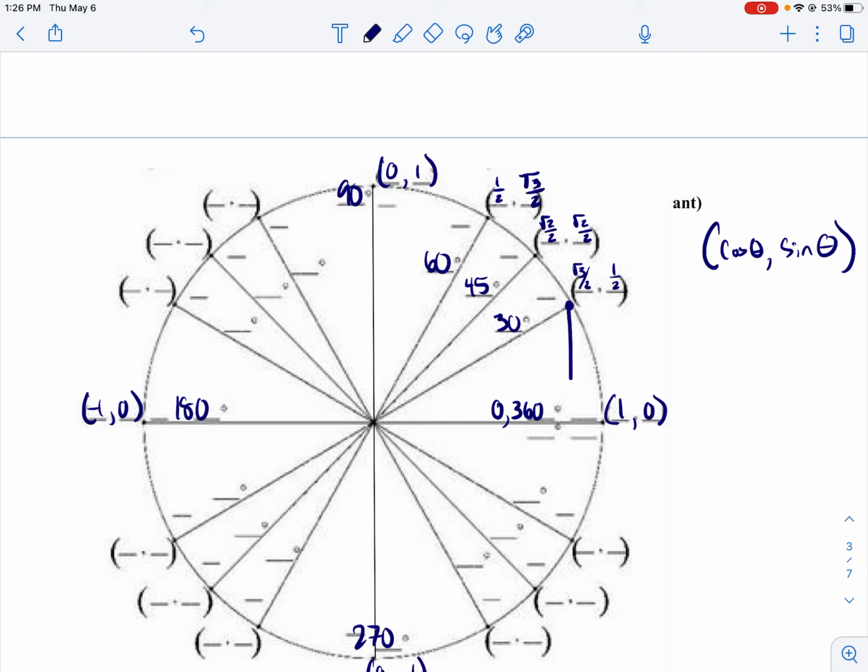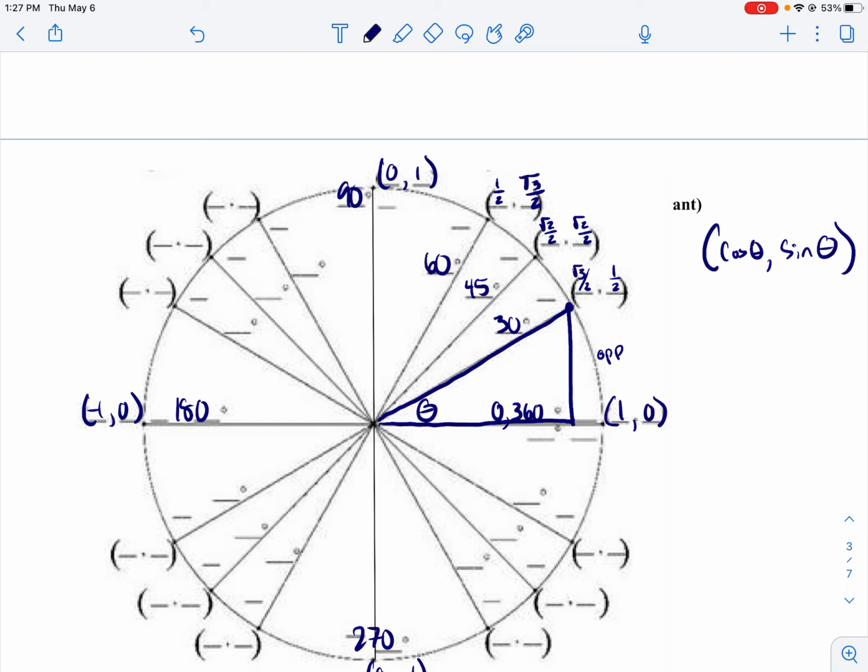So here's our triangle. All right, so here's our theta. Right, and so the ratio created by this, well, opposite over hypotenuse is 1/2.